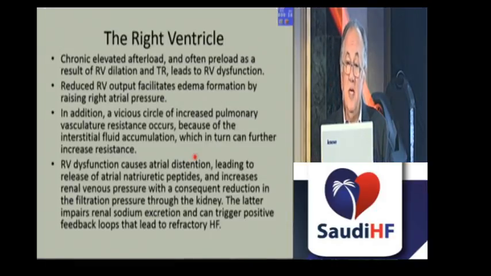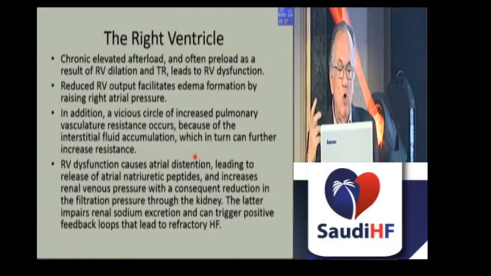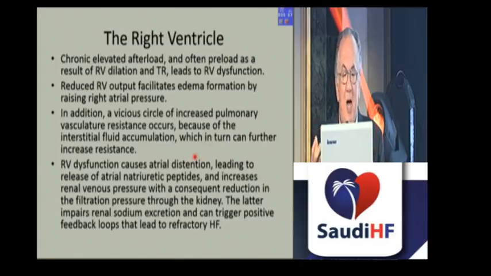The right ventricle is a very peculiar chamber, not only because of its peculiar anatomy and method of contractility, but because elevated overload leads to reduced output, and that facilitates edema accumulation.